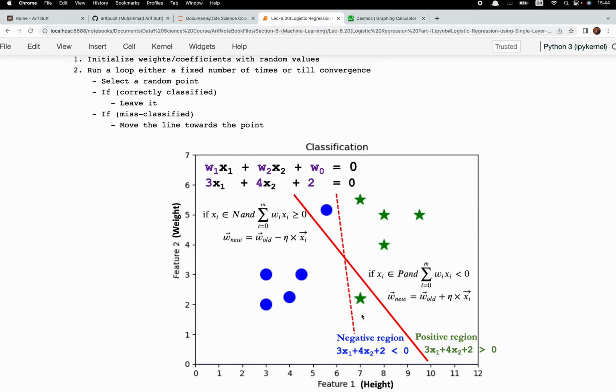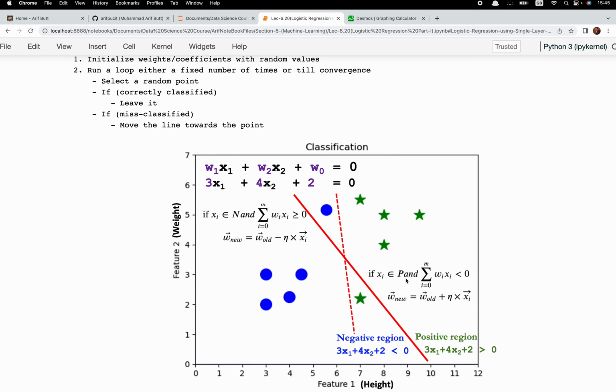Now consider this green point, this green star where my mouse is hovering, which is positive as per the associated ground label, but is there in the negative region as per this solid red line.